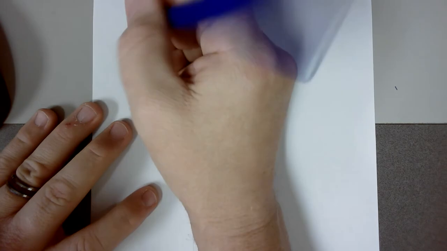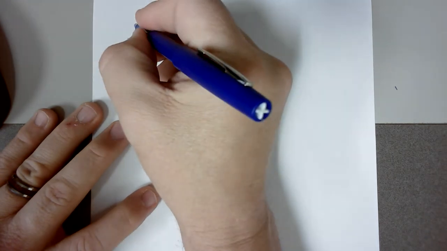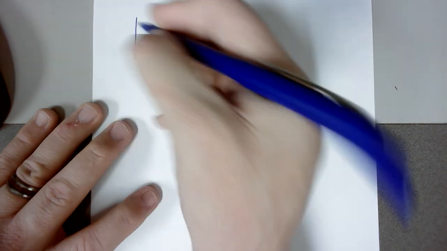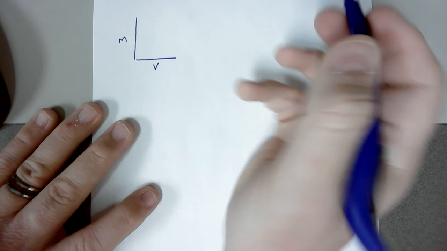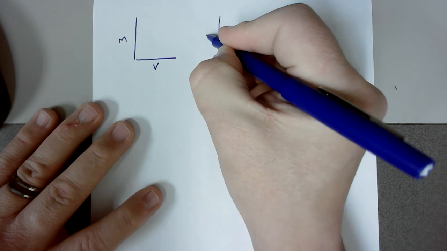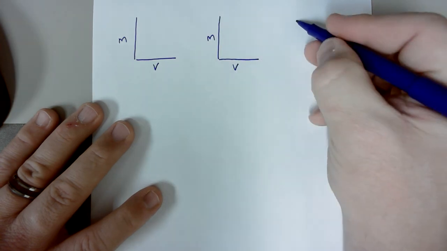So let's take another sample here, and let's look at some data. I'm going to look at mass versus volume, or density of an object. We have mass and volume on this graph, and with this graph the same thing, mass and volume, and on this graph the same thing.